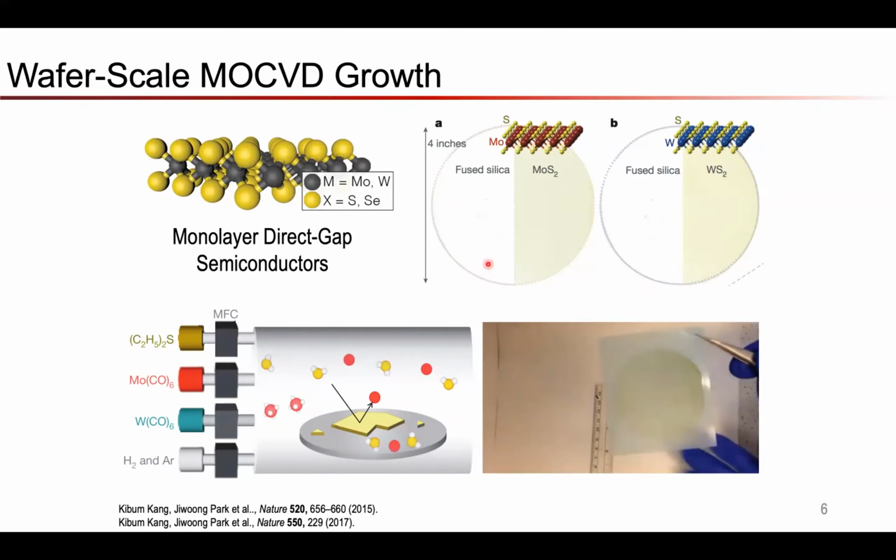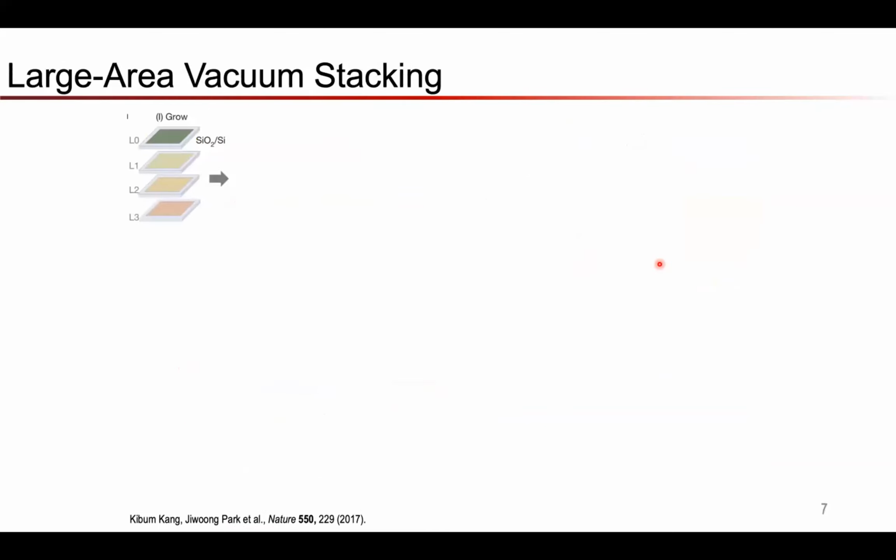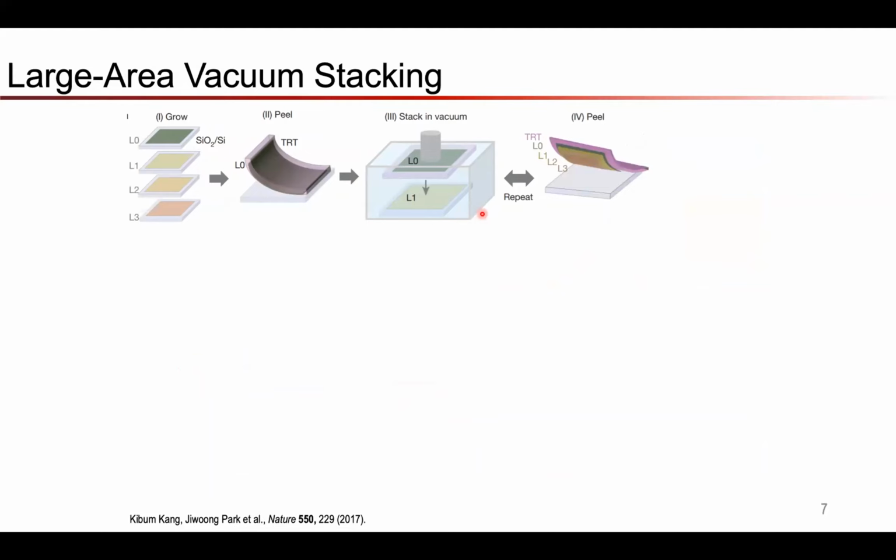They demonstrated this a few years ago by taking chips of MOCVD grown material, peeling one layer off and pressing it against the next layer inside a vacuum chamber. And so in the vacuum chamber you achieve very smooth conformal interfaces between the two layers, and thus they adhere to one another with very nice van der Waals bonding.